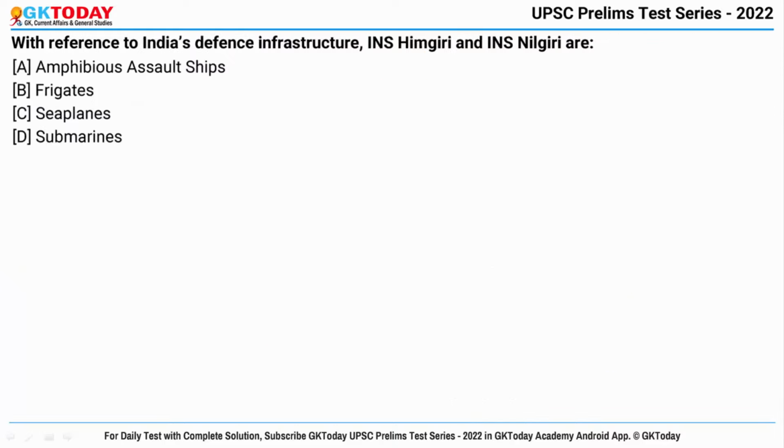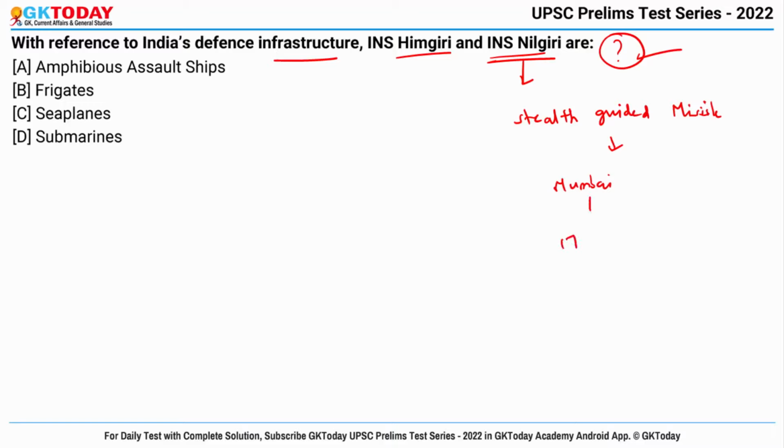Okay. Next question. With reference to India's defense infrastructure, INS Himgiri and INS Nilgiri are. So these are what? First of all, INS Nilgiri, it is a stealth guided missile frigate built in Mumbai under the project 17A for the Indian Navy, and it was launched in 2019 and is expected to be commissioned in the year 2022.